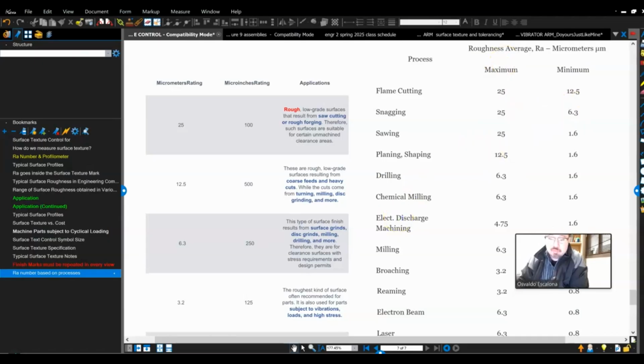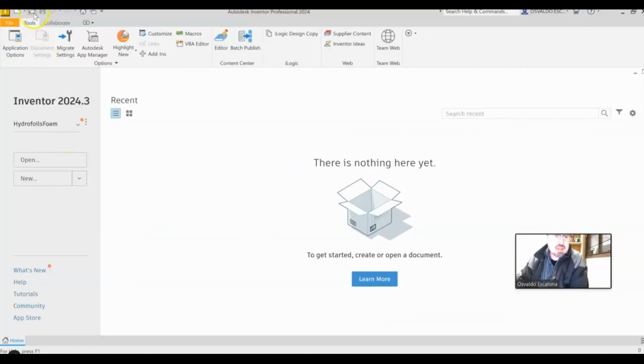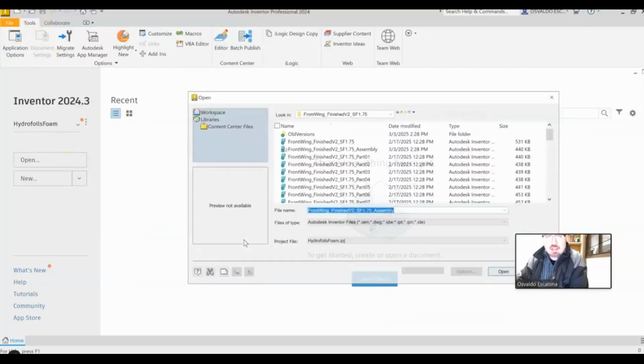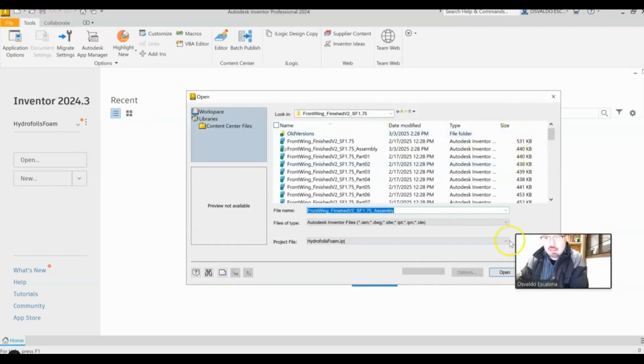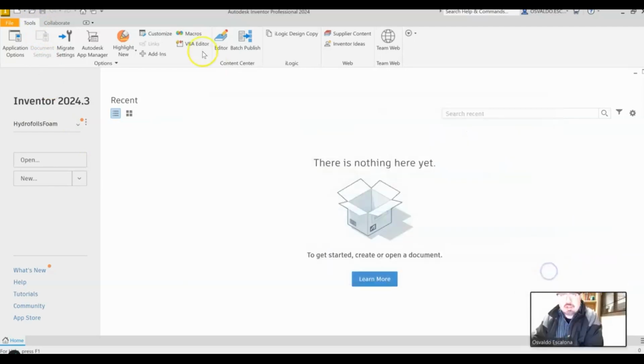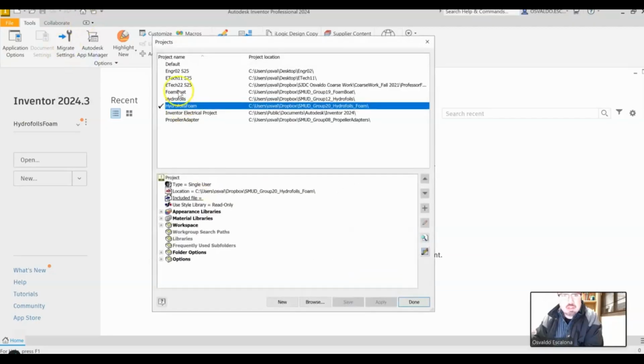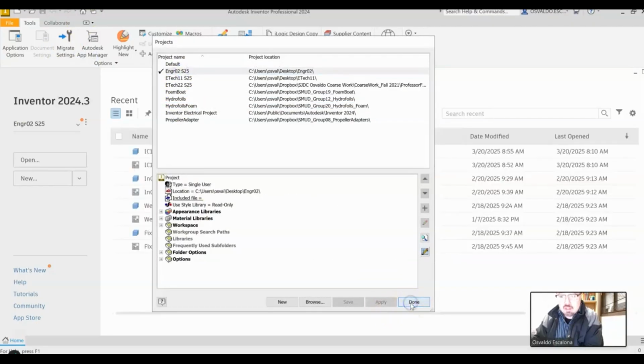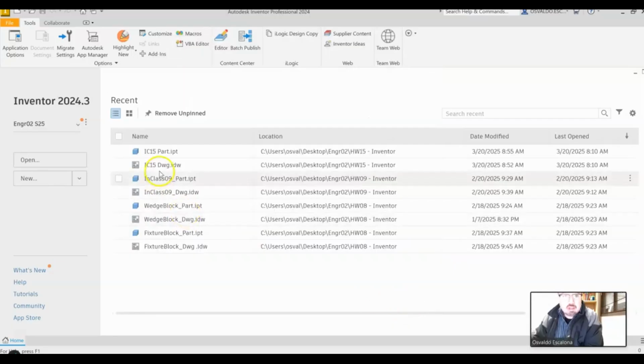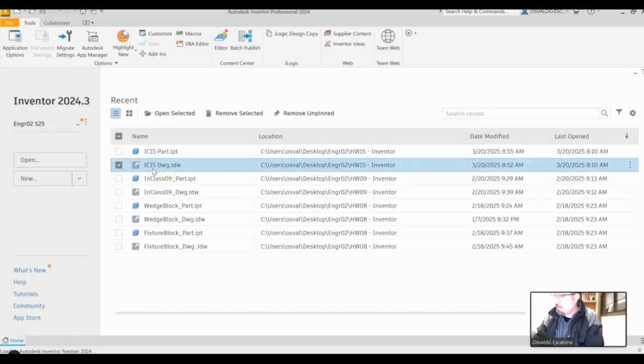Okay. In Inventor, let's see if I have something that I can open. I can tell you how you do it. Let me change the project. I think I have a different project here. Command computer. It's common, just way too many things going on. Let me open this in class that I have here.